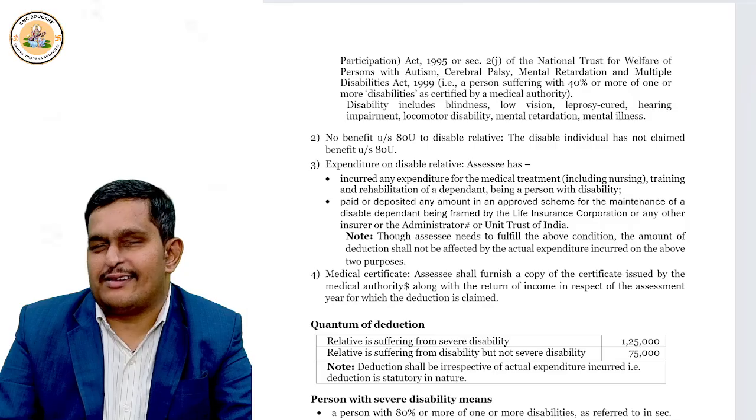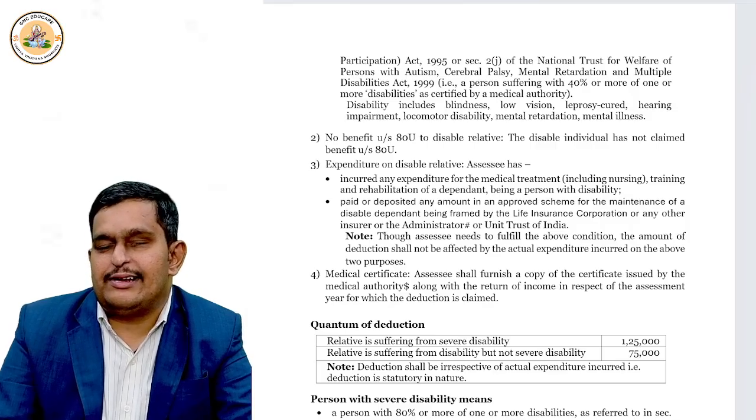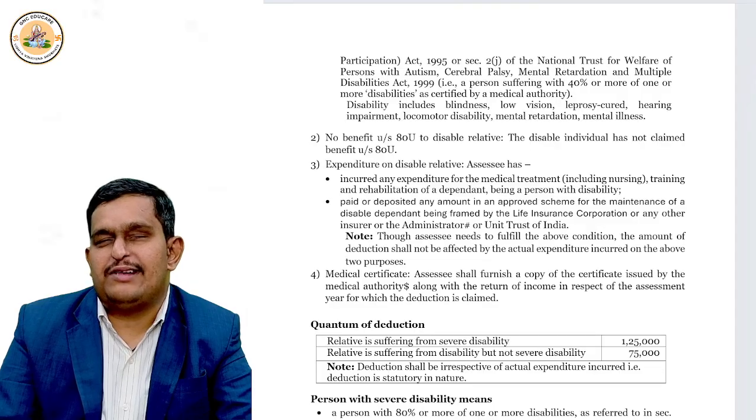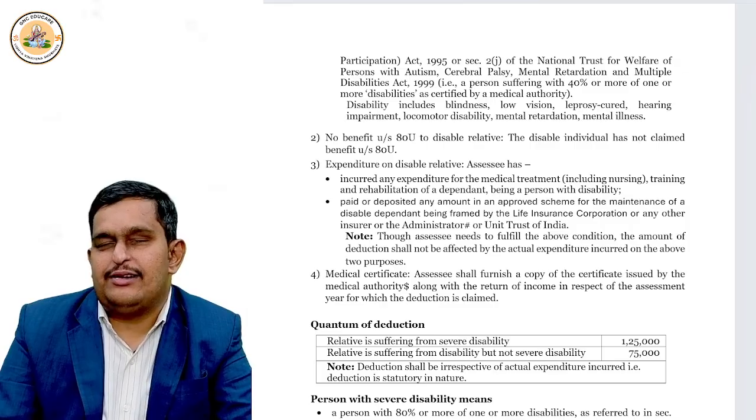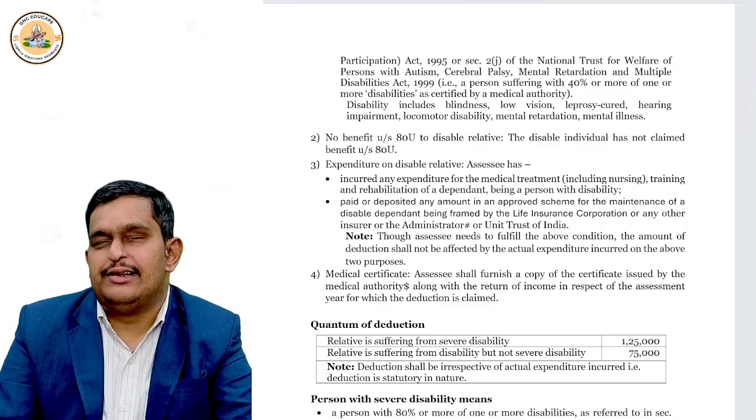This is what the law says. Now, is it currently required in today's times? The answer is no. But if the income tax department asks for it, then definitely my father has to submit the certificate.